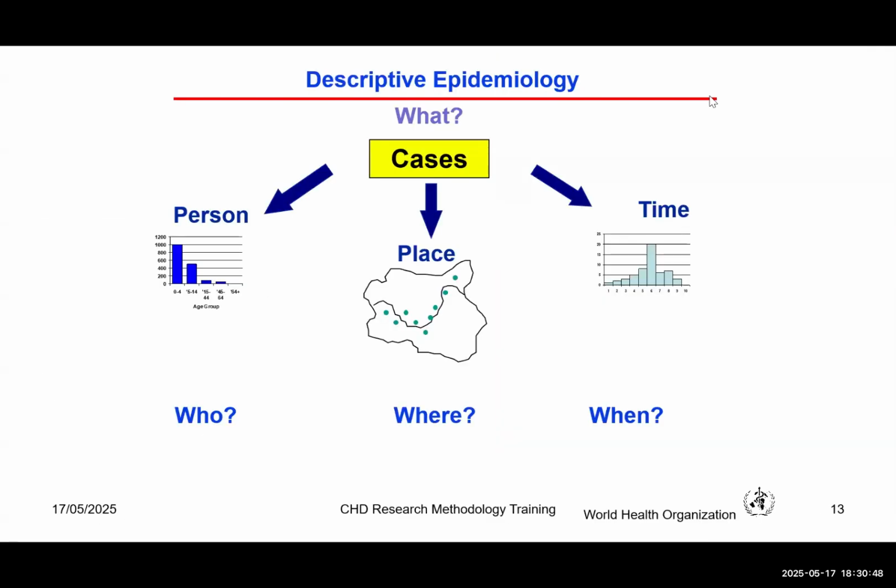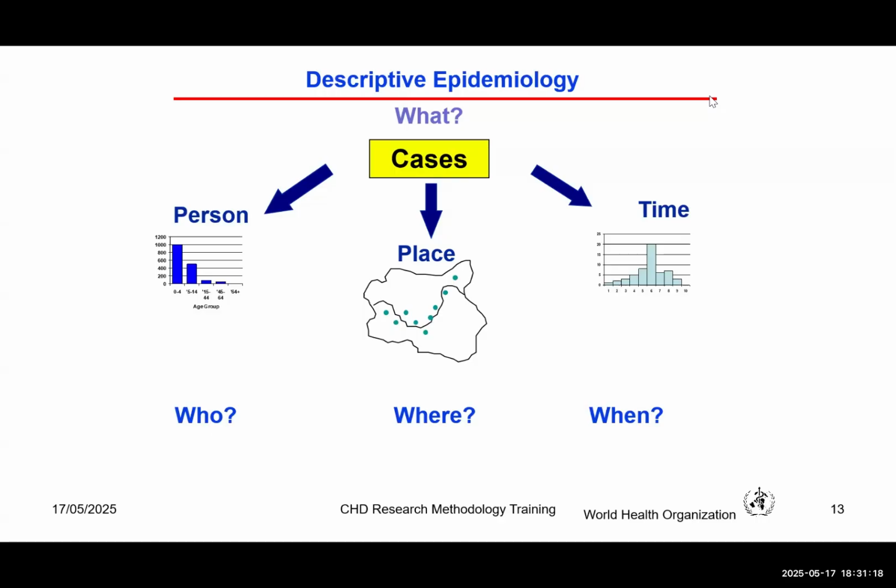So you have a case or cases of something, let's say a disease like diabetes in River State. First of all, what is the case? What is the prevalence of diabetes? Who are the people affected, the adults or the children? Is it commoner in a particular area of River State?